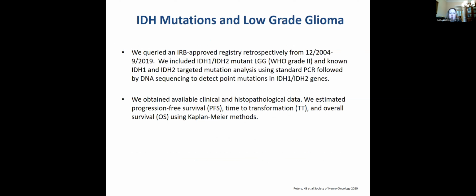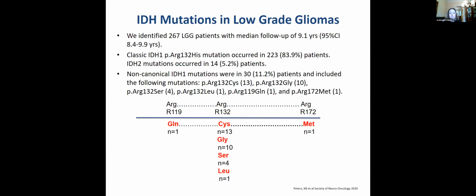And so in an IRB-approved registry, we queried those patients who had low-grade glioma, and then we looked at only the patients that had standard PCR data for DNA sequencing for the point mutations at the IDH1 and IDH2 genes. We further then looked at time-to-event endpoints to see if there were differences between the classic or the non-canonical mutations.